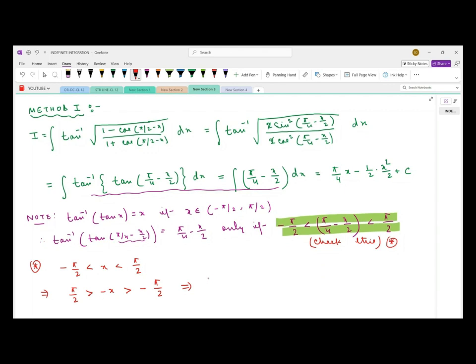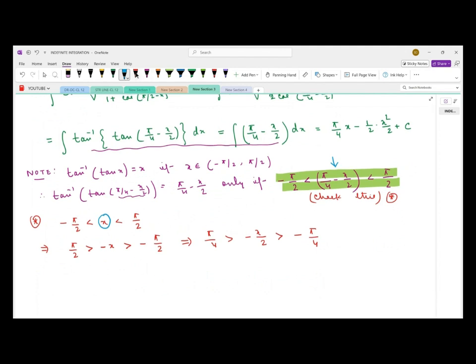So that means pi by 4 greater than minus x by 2 greater than minus pi by 4. Actually, our expression that was given in the sum was x. From there, I am trying to come to the expression pi by 4 minus x by 2. So that is the aim. So first x, I make it minus x, then I make it minus x by 2. Now I will add pi by 4 to get this expression, pi by 4 minus x by 2.